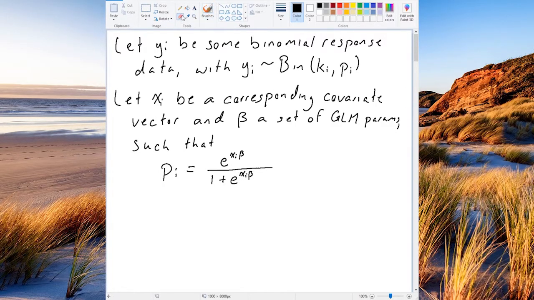And this is our standard logistic regression model for doing binomial data here. So this is our setup. Yi is going to be binomial ki, pi, and xi is going to be a covariate vector that gives us this pi is equal to e to the xi beta over 1 plus e to the xi beta, which is the logistic function.